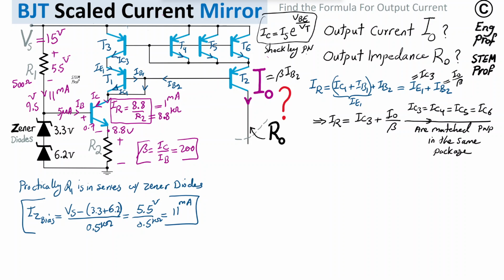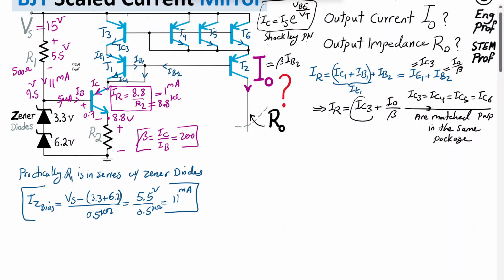With that in mind, I can substitute IC3 with IC6, the collector current of this transistor. So I get IR, the reference current, equal to IC6 plus I out divided by beta. Now, what is the relationship between the emitter of transistor T2 and IC6?